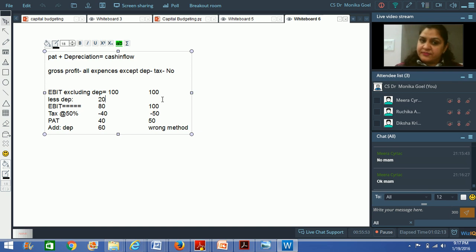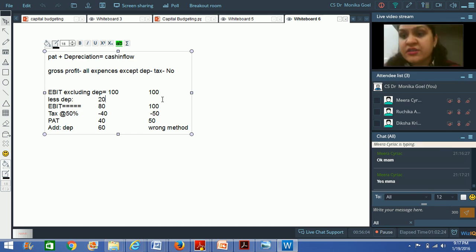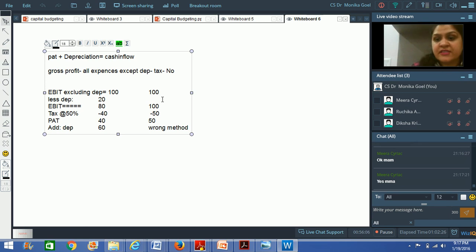And thereby all your calculation will go wrong. So you have to first reduce depreciation, calculate your taxes, then find out the profit after tax, and to this profit after tax, you again add back depreciation to find out the cash inflows. Got it now?